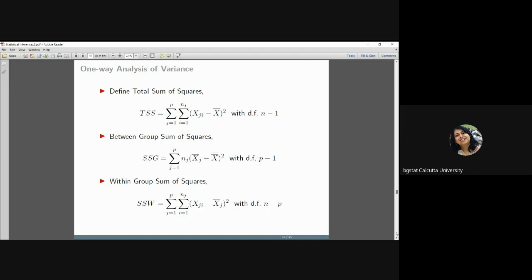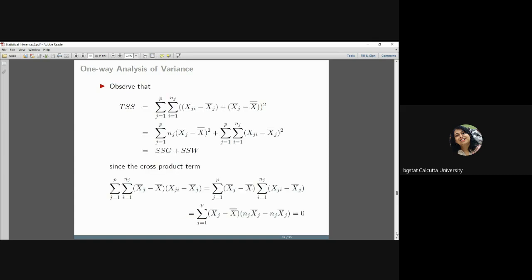So say I take West Bengal and I have a sample of size 100 from West Bengal. For each of the 100 observations, I need to find the deviation from the mean for West Bengal, square them, and add them. So similarly, I do this for all the states, and then I add it across all the states. This quantity is called the within group sum of squares.